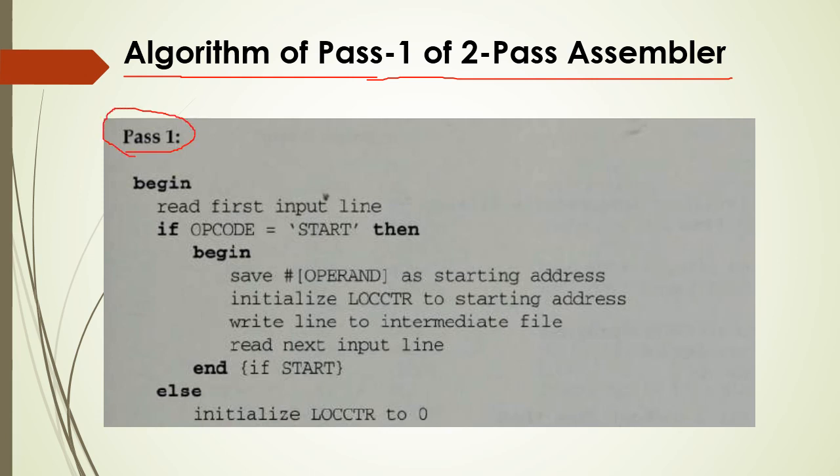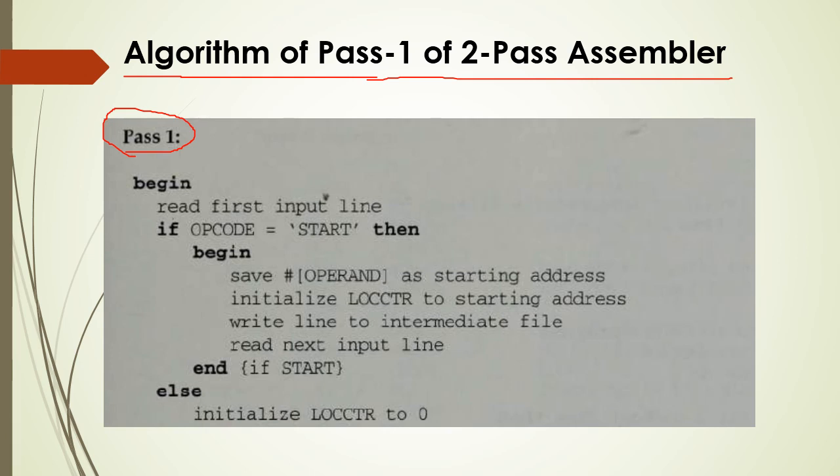It begins with reading the first input line of the program. Before that, keep in mind that pass 1 of the algorithm will generate the symbol table and also process the assembler directives.